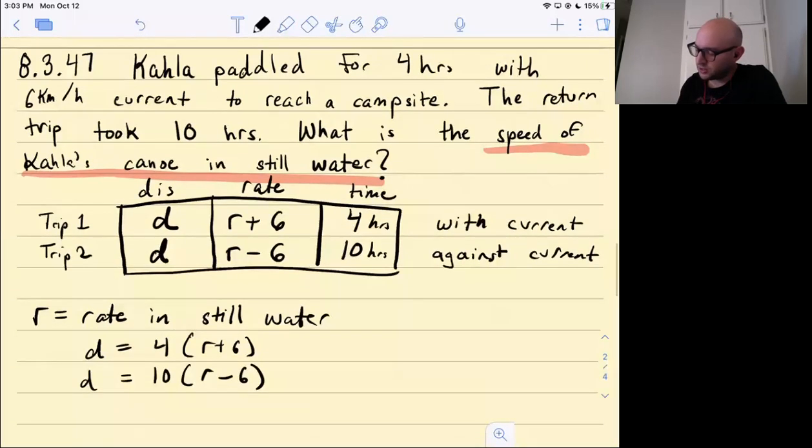Setting them equal to each other, we get 4r plus 24 is equal to 10r minus 60.